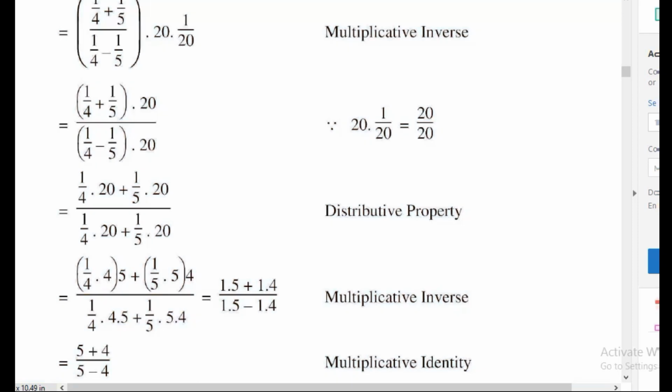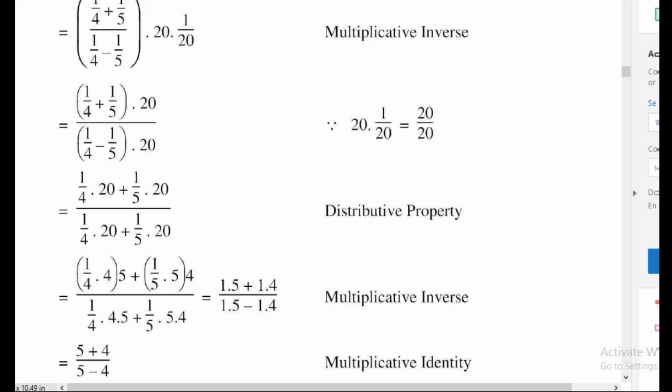So next, 1/4 dot 4 is the multiplicative inverse of 1/4. So it equals 1 multiplied by 5 plus 5 multiplied by 1/5, and 1/4 multiplied by 4 is equal to 1.